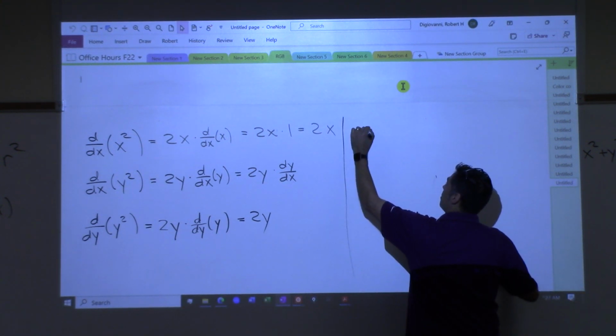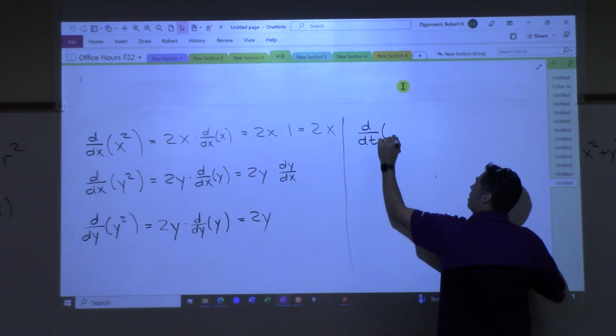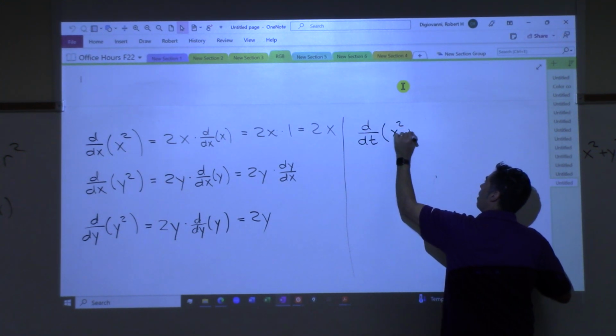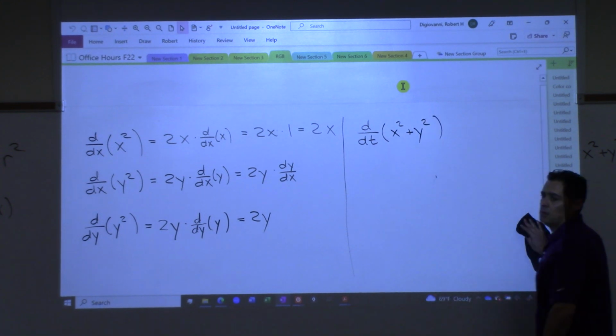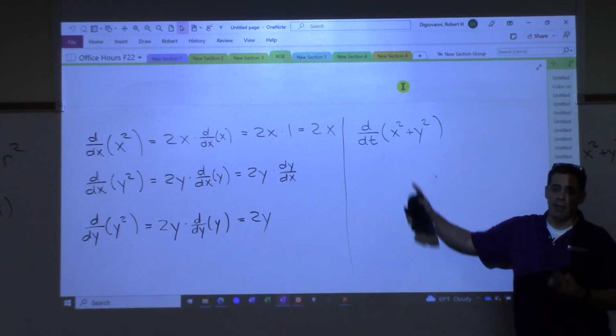So what's the derivative with respect to t of x squared plus y squared? What am I differentiating with respect to? What variable? T, right? What variables appear in here? X and y.